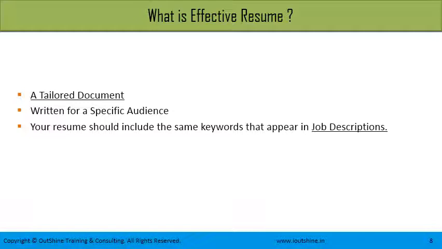Whenever you look at the job advertisements, there will be criteria which says that the following 3-4 skills or abilities are required by the company. You have to modify your resume while sending it to the company such that your skills and abilities are able to demonstrate that you have those qualities.